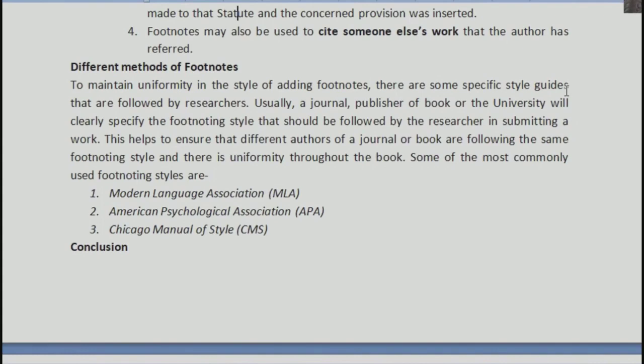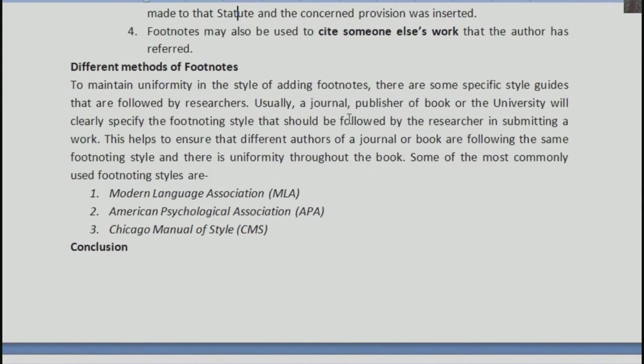Some universities suggest that we follow only one particular style of footnoting. Some journals say that you need to give footnotes in this specific style only, and we should abide by that. So that is why we have different methods of footnoting, in order to maintain uniformity with regard to what style we are following.